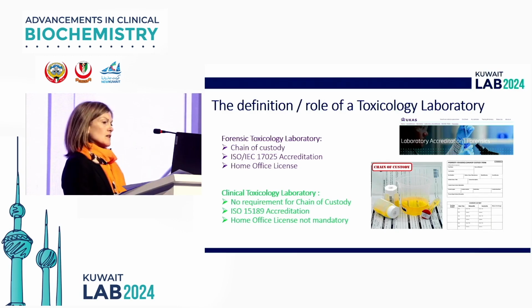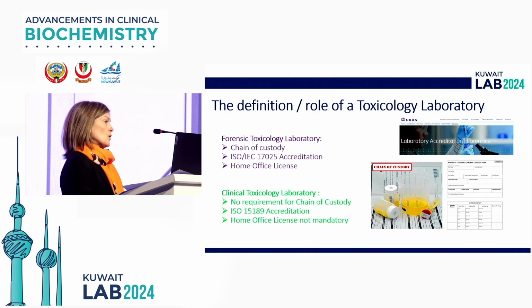So these are probably looking a little bit more at the basic requirements of toxicology laboratories and how they differ between a forensic and a clinical laboratory. In a toxicology laboratory, the chain of custody is really important. It's absolutely critical that if a sample is taken from somebody at post-mortem, that you document when that sample was collected, where it was collected, who collected it, and what was the identity of the person that the sample was collected from.